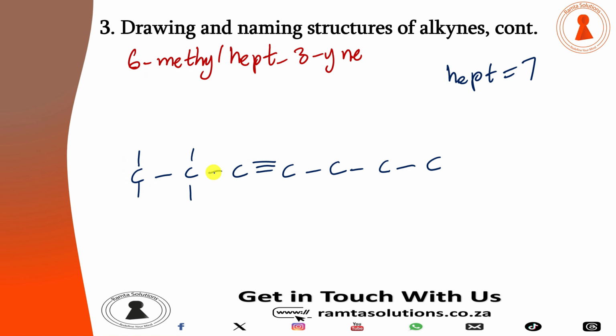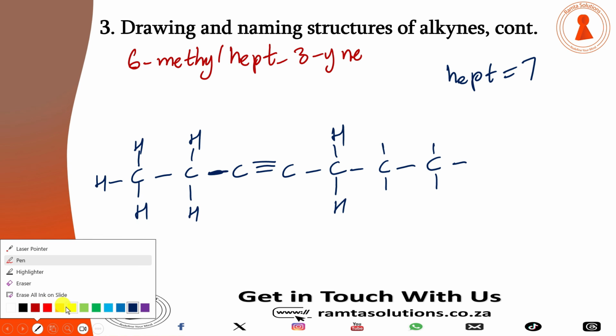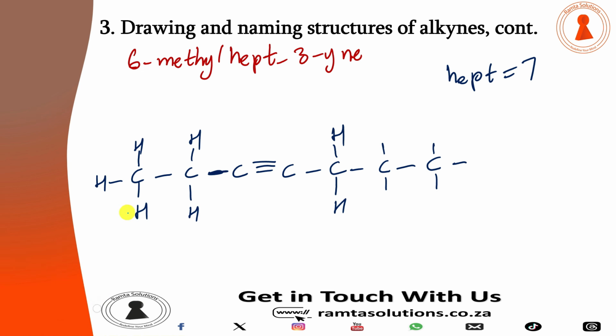So let's begin this. Here you don't need to put an H because we have 4 bonds around this carbon, even here. But here you have to put 2 more, even here 2 more, and here 3 more. So let's number these carbons: 1, 2, 3, 4, 5, 6, 7, isn't it?